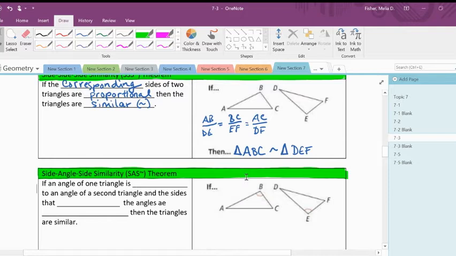It says that if an angle of one triangle is congruent to an angle of the second triangle and the sides that include the angles are proportional, then the triangles are similar.